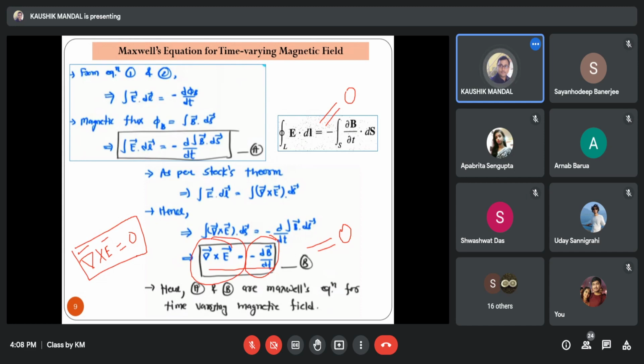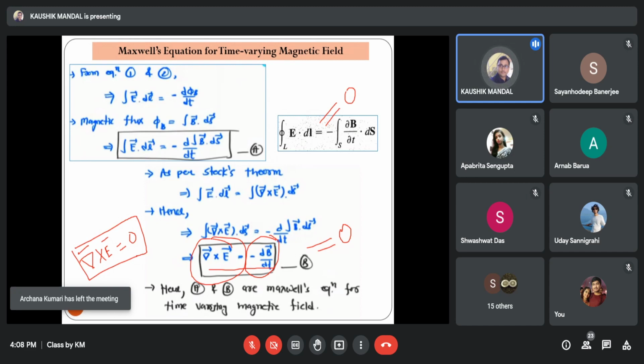So this is the derivation of Maxwell's equation for the time varying magnetic field, and it describes that curl E equal to minus del B by del t. If there is any change in magnetic flux, that will induce the electric field.